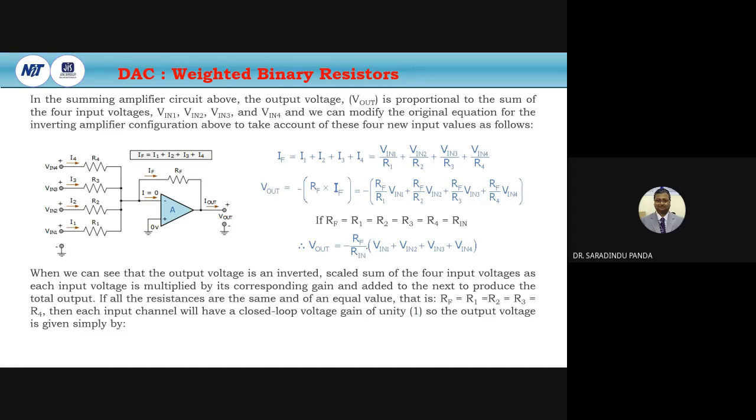If RF is equal to R in, then this is a unity gain amplifier. So the output voltage is given simply by V out, if RF is equal to R in, then V out is nothing but a summation of all the input voltages V in 1, V in 2, V in 3, V in 4. Clear?